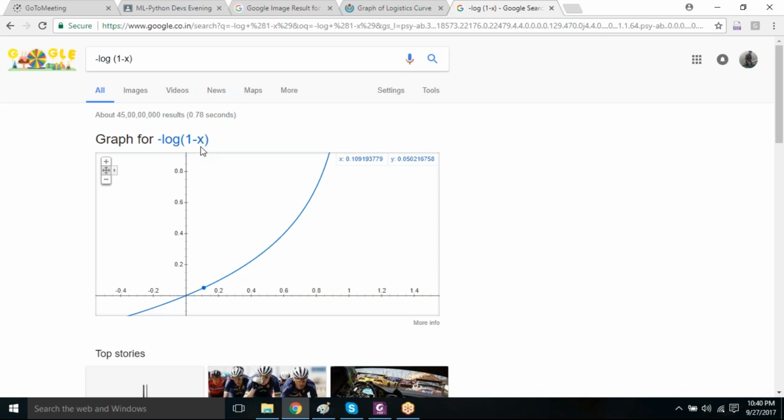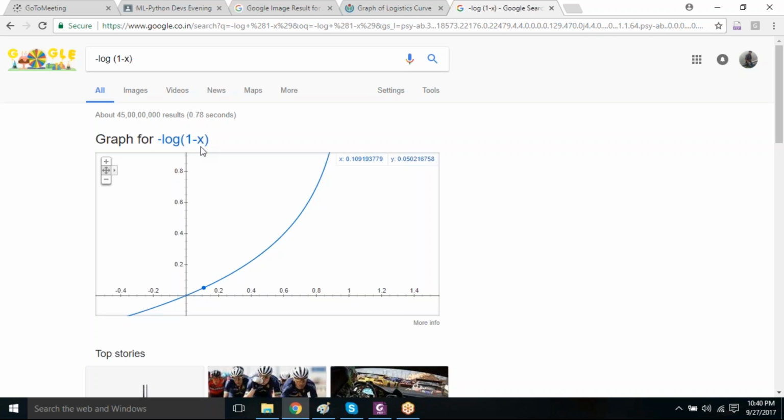Just try x1, x2, x3, x4 and calculate the value of log. This is a logarithmic curve. It will be hard if you ask me how this curve is coming. I have to make a table for different values of x and the value of minus log 1 minus x, and show the plot, and then you will be convinced that this curve will be like this.